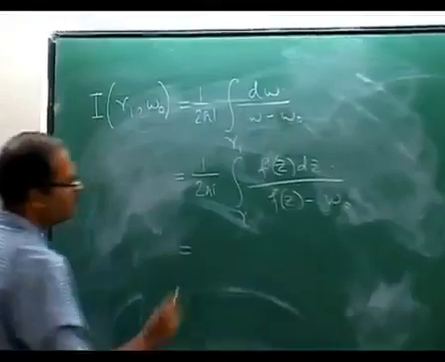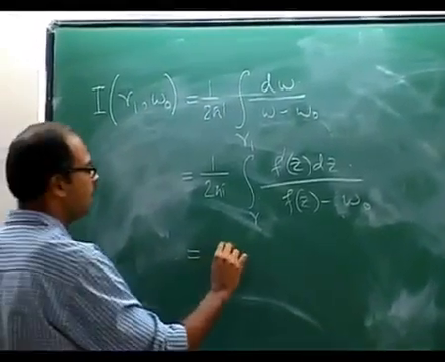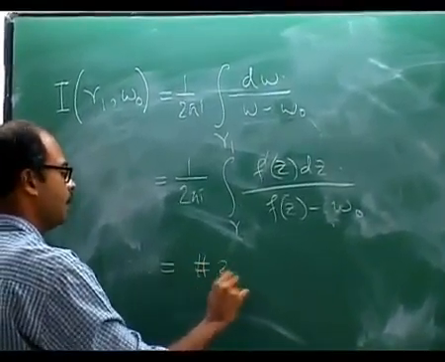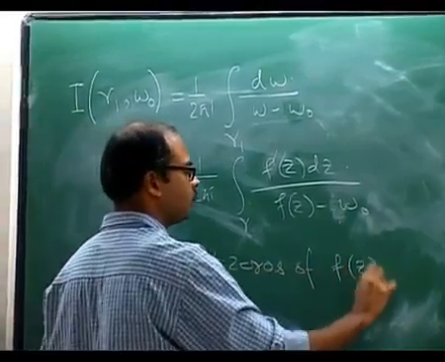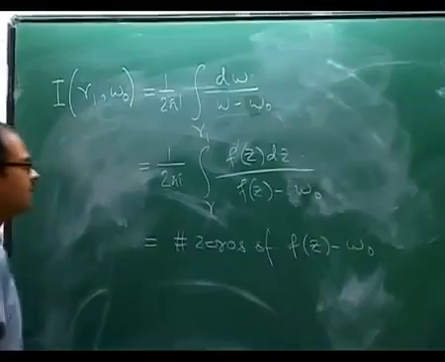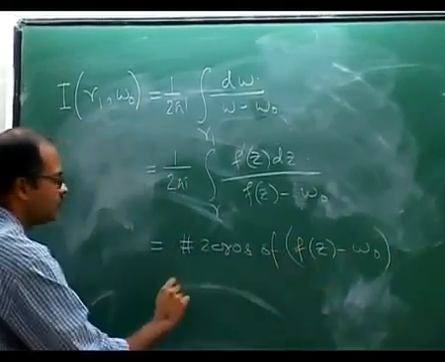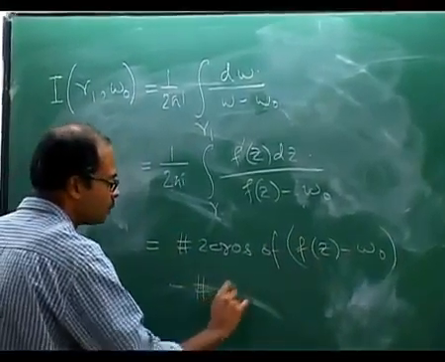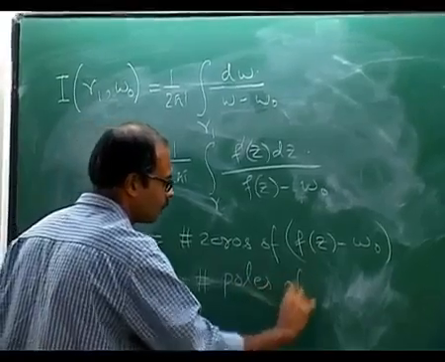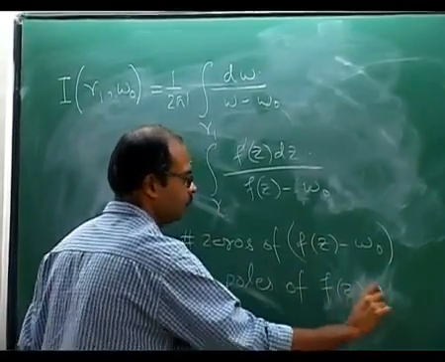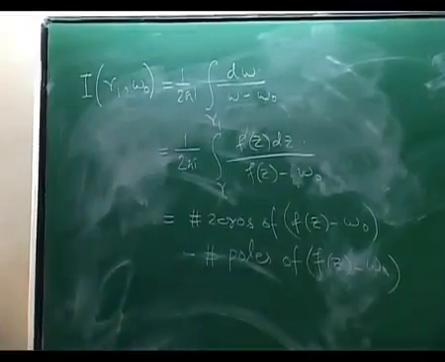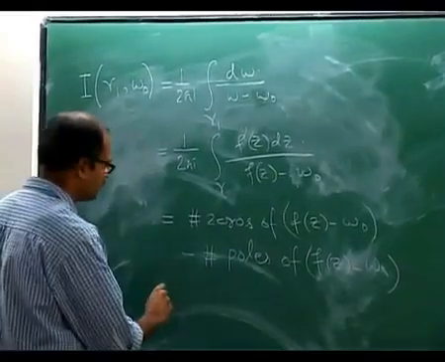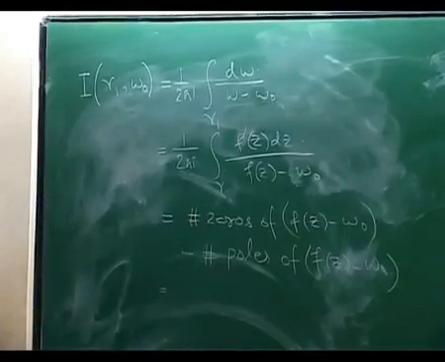It says it's just the number of zeros of this function minus the number of poles. It doesn't have a pole, since we started with an analytic function.